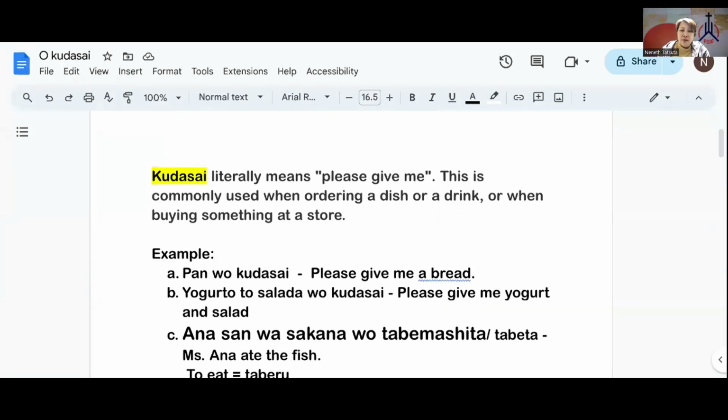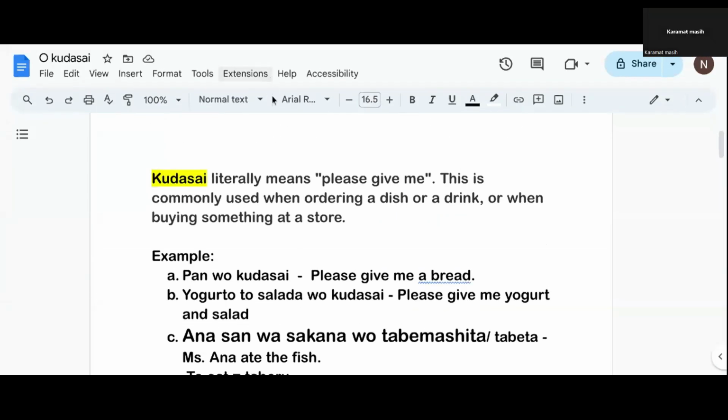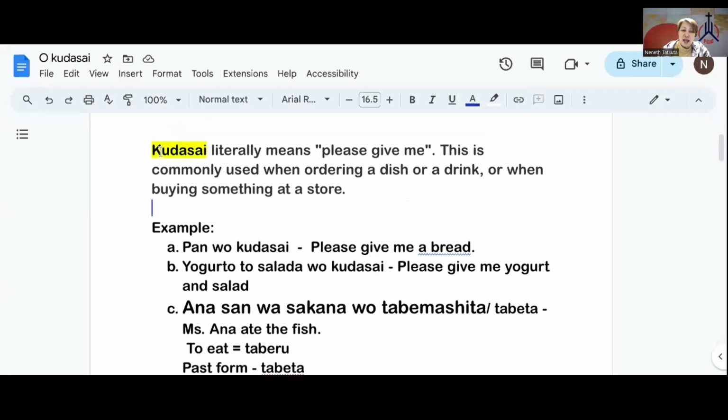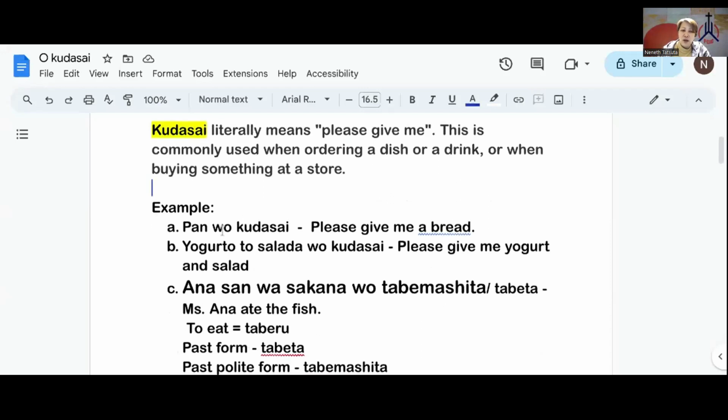Okay, well anyway, we have to discuss why we discuss the particle wo. Okay, because of the kudasai. Literally, kudasai always comes with wo, the particle wo. Because kudasai, we said it's please give me, or I'm asking for, or I want this, or please kindly give me this.